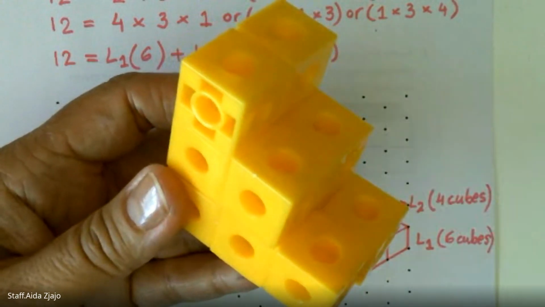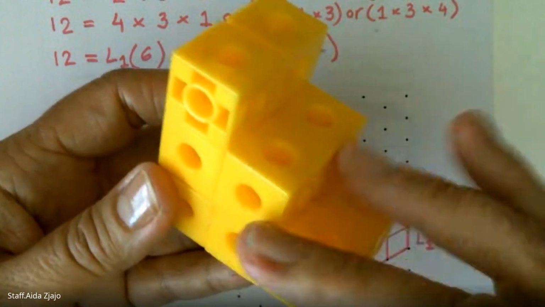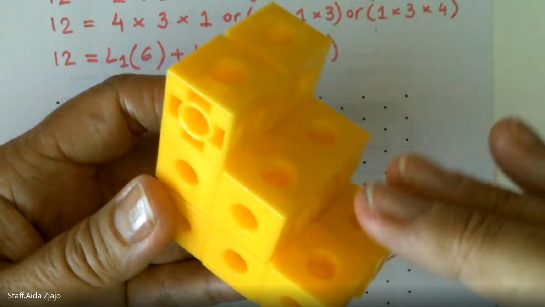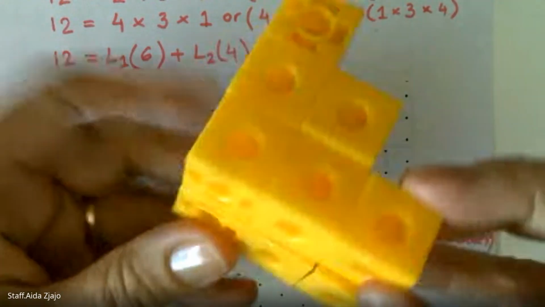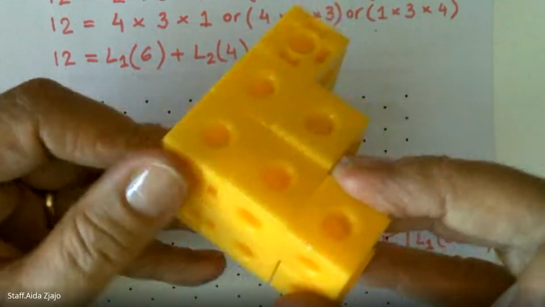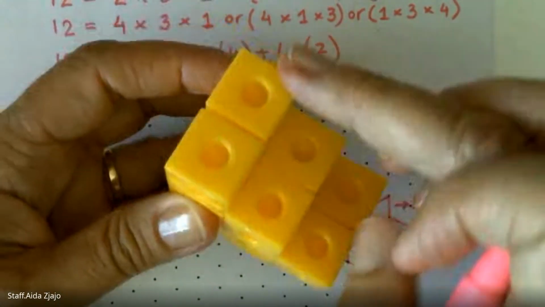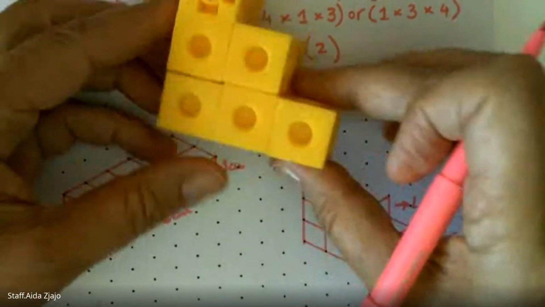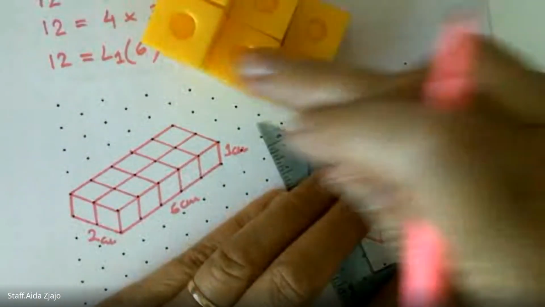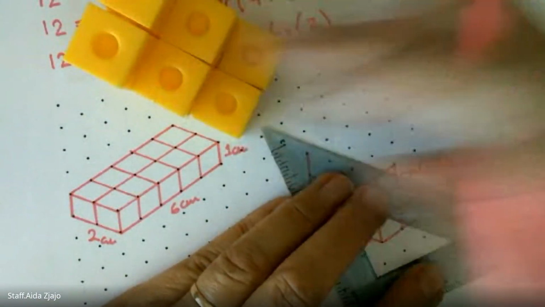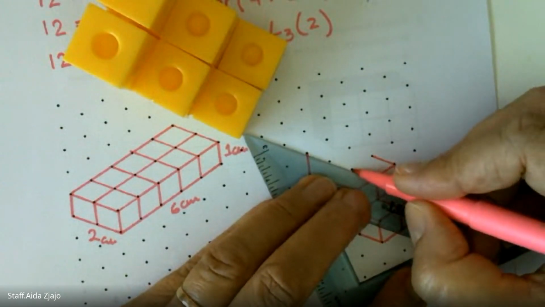Now layer 3 is missing all of this; here's 4 cubes to be the same as the base. It only has these 2 on the top. So layer 3 is only 2. How we can draw that is we show the top by creating these.